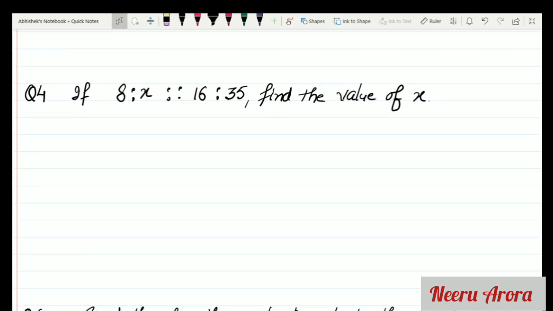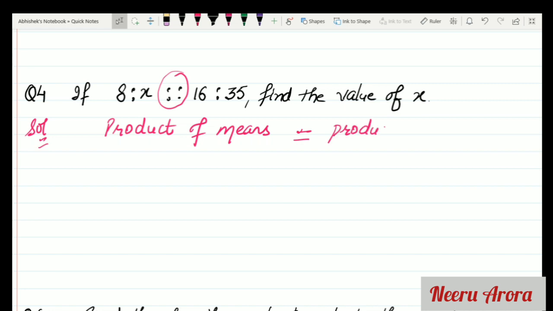Now look at the 4th question. Here it is 8 ratio x is proportional to 16 ratio 35. Find the value of x. So the symbol shows that these two ratios are equal. When these are in proportion, we know the product of means is equal to the product of extremes.